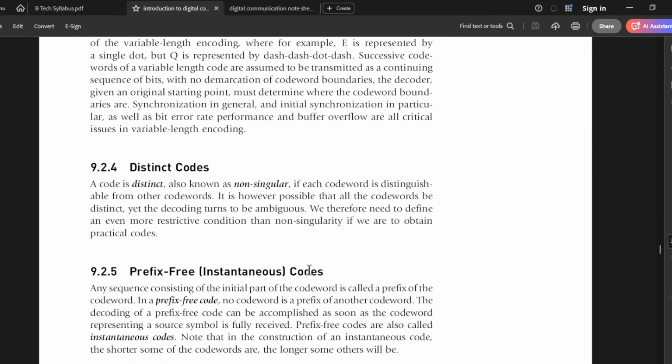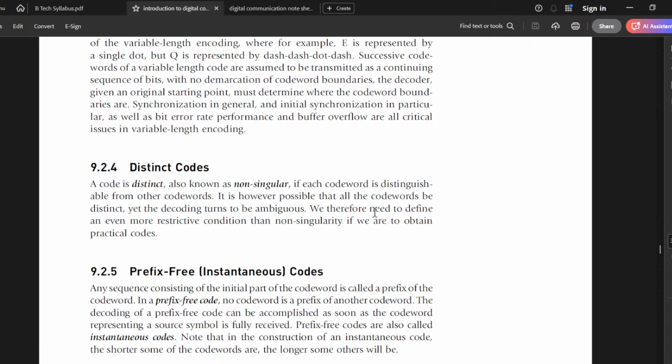Distinct code, the fourth one. Distinct code, guys. Distinct means different. A code is distinct, also known as non-singular. If each code word is distinguishable from other code words, it is non-singular.